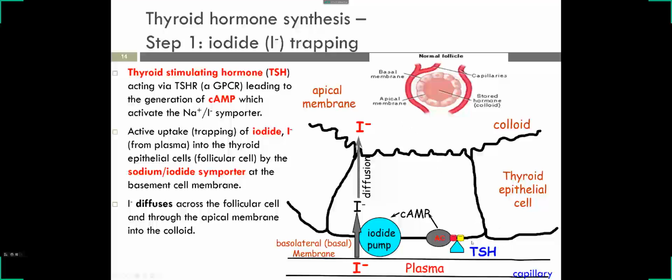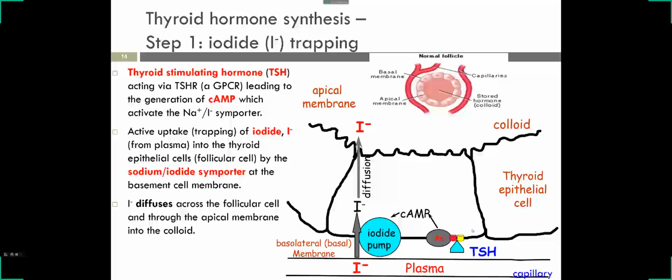So, thyroid stimulating hormone binds to our thyroid stimulating hormone receptor. This stimulates cyclic AMP via our Gs heterotrimeric G protein.